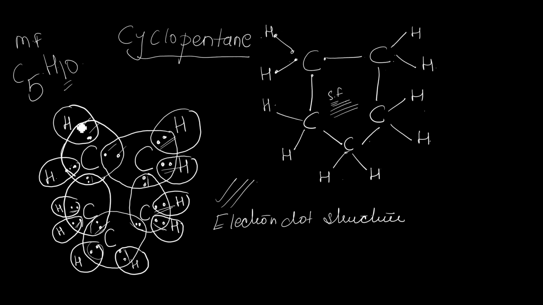So remember one bond has 2 electrons. Just you check whether you have drawn correct or not. So wherever the bonds are formed, it should have the 2 electrons. If it has 2 electrons, then you have made the electron dot structure correct. Otherwise, again you adjust and draw the structure.